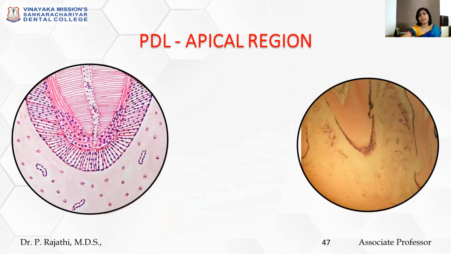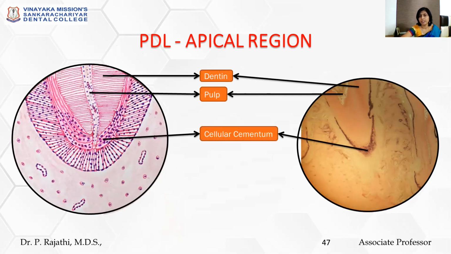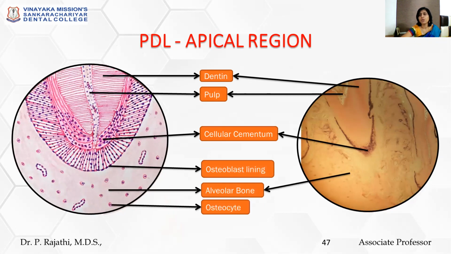In the periodontal ligament apical region, this is a slide focused on the apical region of the periodontal ligament fibers, where you can see a portion of the pulp, and then the dentin can be appreciated. Cellular cementum is very clearly appreciated. And then the alveolar bone surrounding the tooth can be seen. You can see osteocytes also.